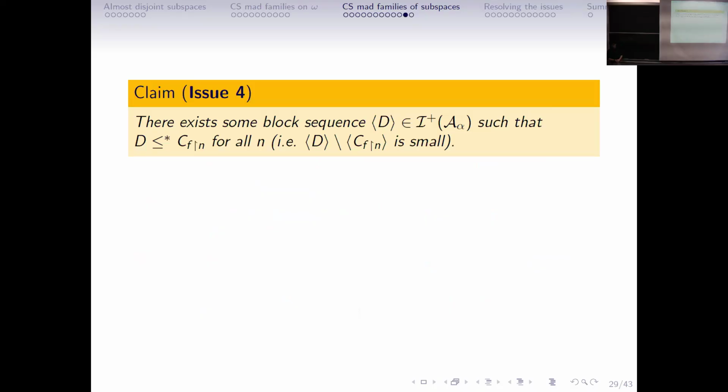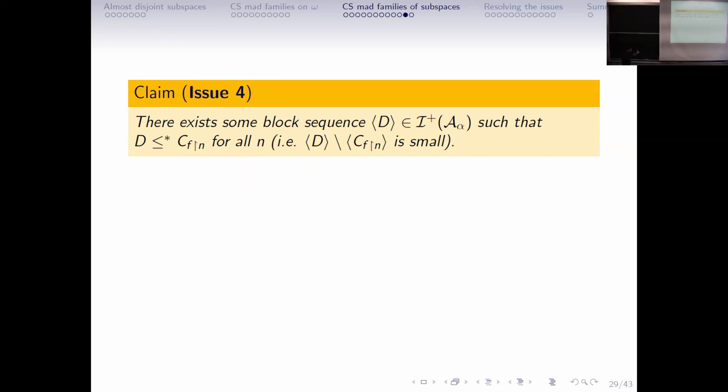So the next step that we did was to show that there's a diagonalization, right? In this case, the C f n is going to be a decreasing sequence of block subspaces, a chain of block subspaces. We know that I plus A is a selective coideal in the case of omega, and it turns out that there is also a corresponding notion of selectivity for I plus A for subspaces as well.